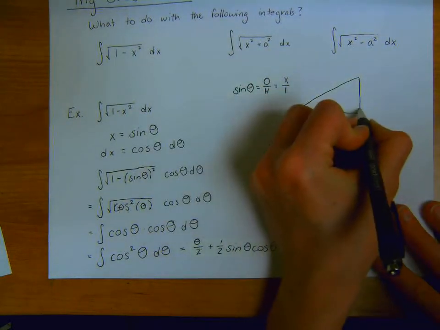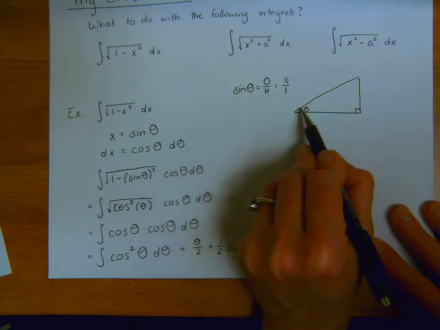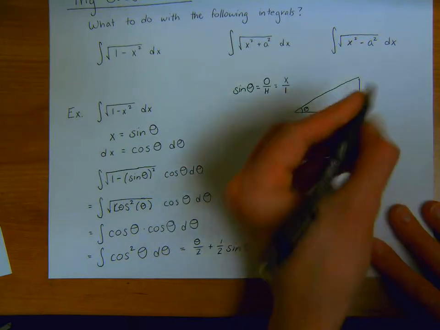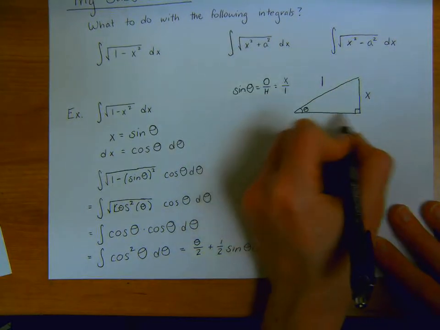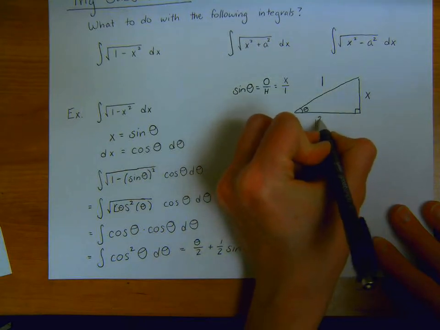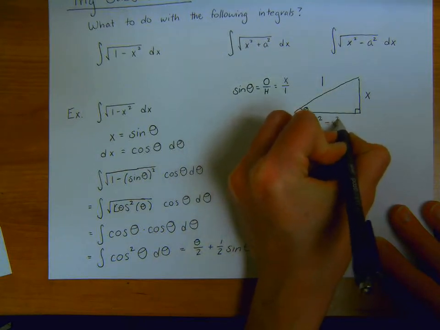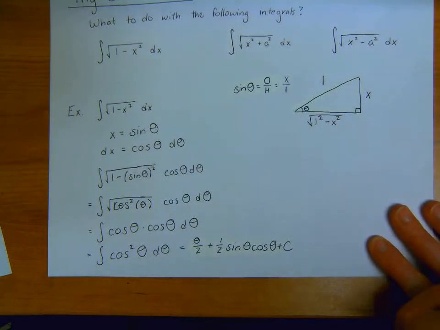So if I draw a right triangle, I know that the sine of theta is equal to the opposite over the hypotenuse, which is x over 1. That means that this remaining side by the Pythagorean theorem is going to be the square root of 1 squared minus x squared. Why is that helpful?